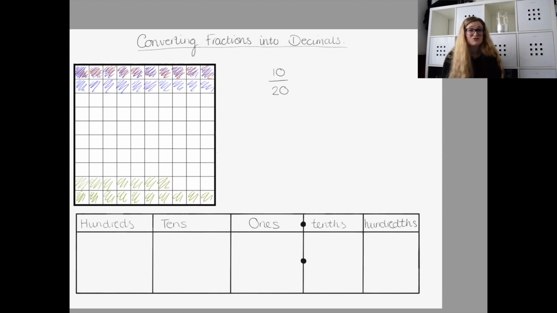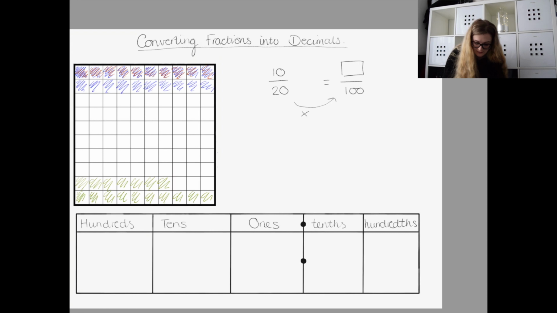Now there is a way to do this still using your number square. All you've got to do is find out what your answer would be if it was in the hundredths. So like we were doing before when we were converting fractions and doing things like that, we need to convert this fraction from 20 into 100. So what does 20 times by to get to 100? Let's work it out. So 20, 40, 60, 80, 100, it times this by 5.